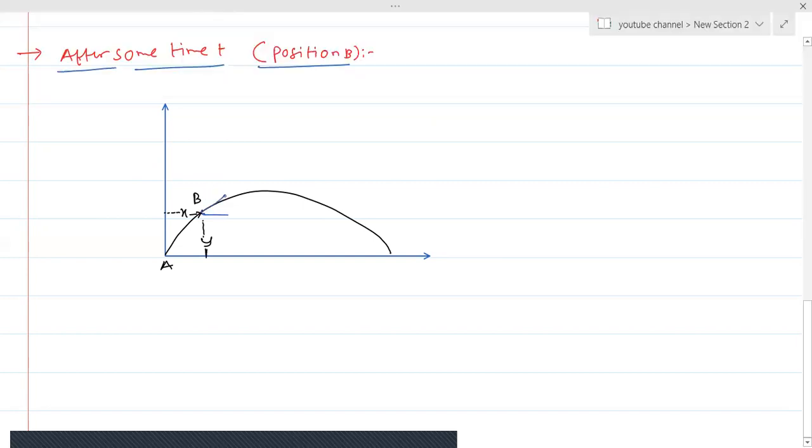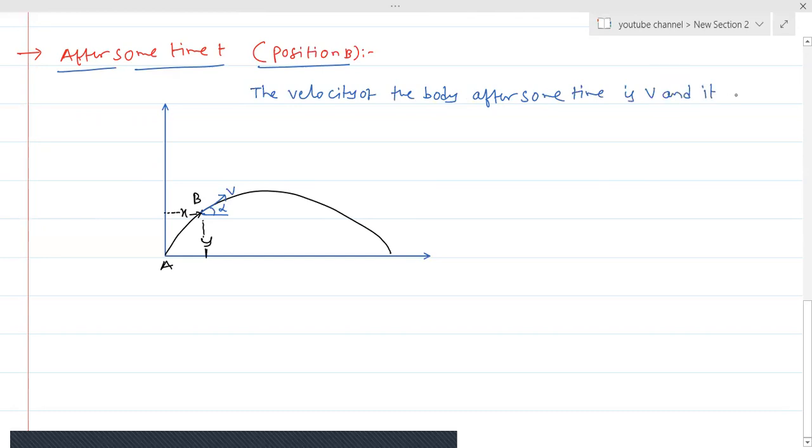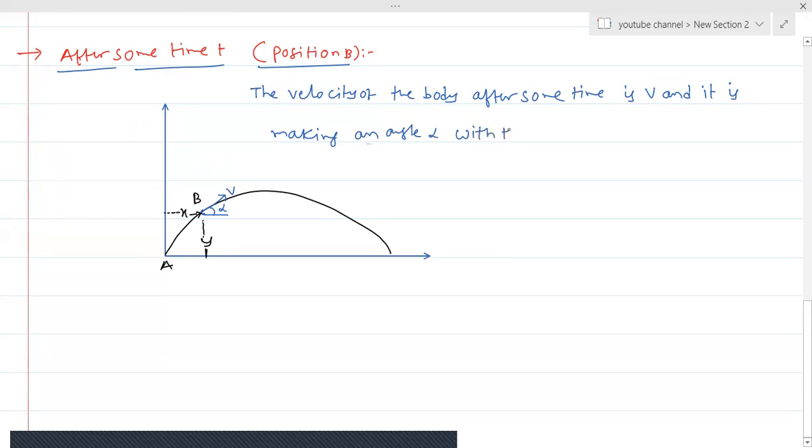And this will be v, the velocity of the body after some time t, and it is making an angle alpha with the horizontal.